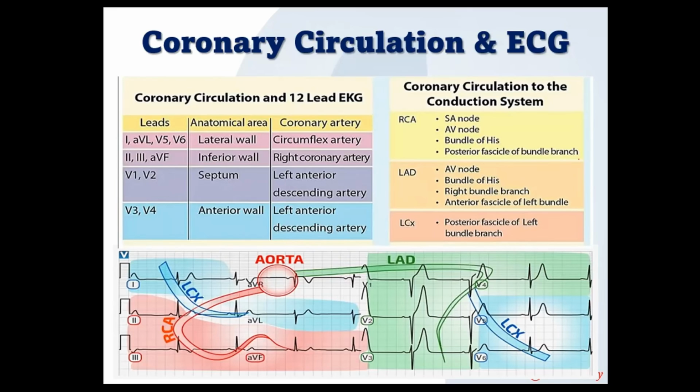Then they go for Coros and PCI. If they have a lateral, as I mentioned, it covers 1, AVL, lateral part of it, and V5 and V6. Then your V1 to V4 will be all your left anterior descending.